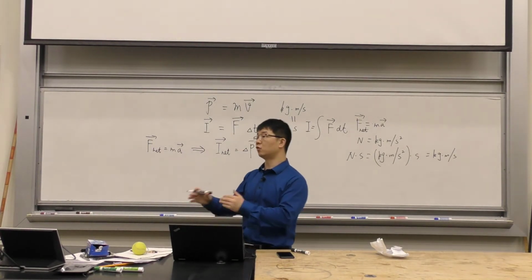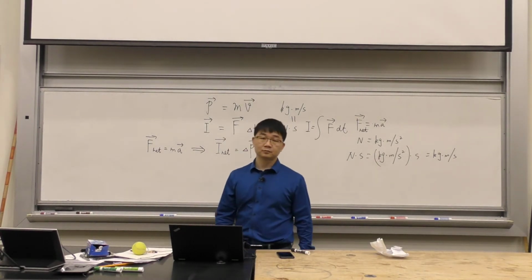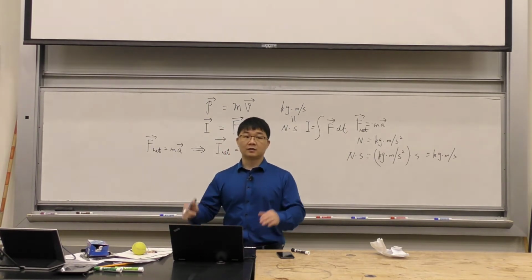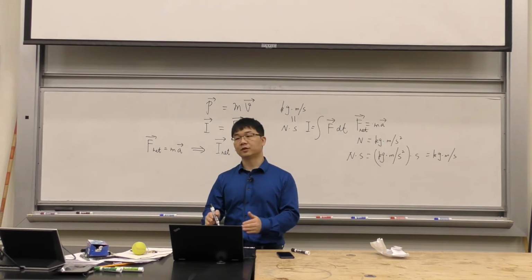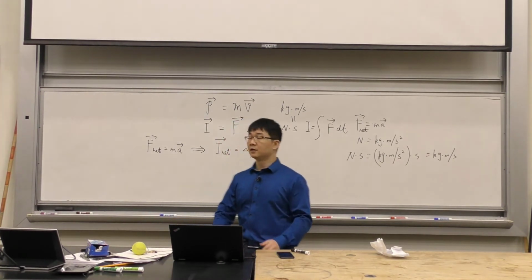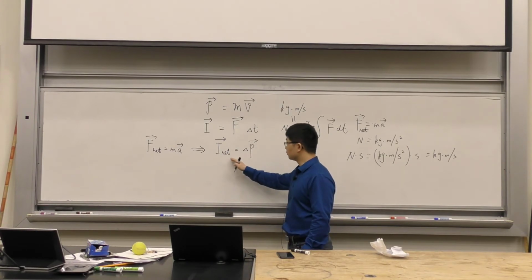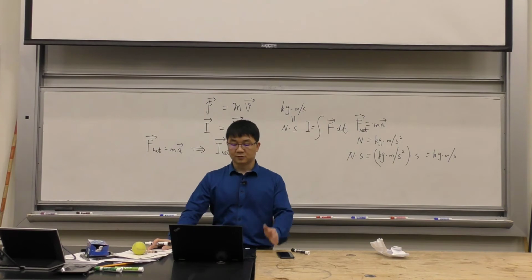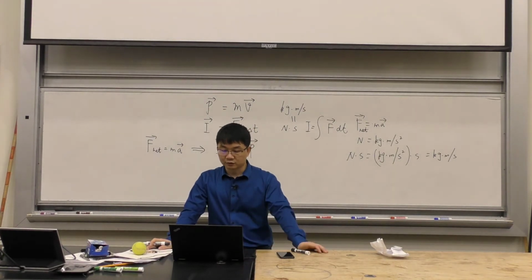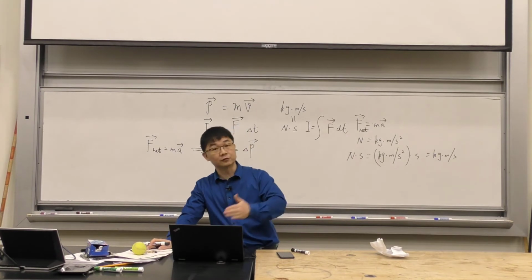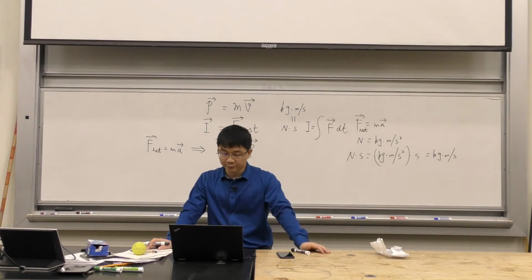If something is doing work on an object, the energy of this object is going to change. And the change in the energy is going to be equal to the work from the outside, right? So the relation between impulse and momentum is actually the same as the relation between work and energy. So impulse is the mechanical way of transferring momentum. You can think of it that way, okay?